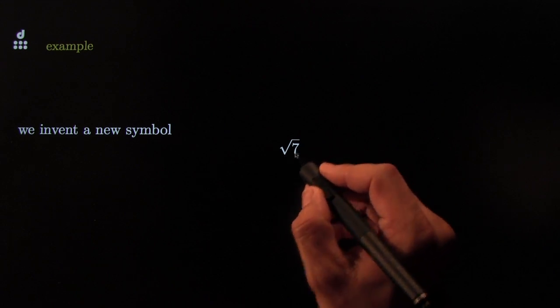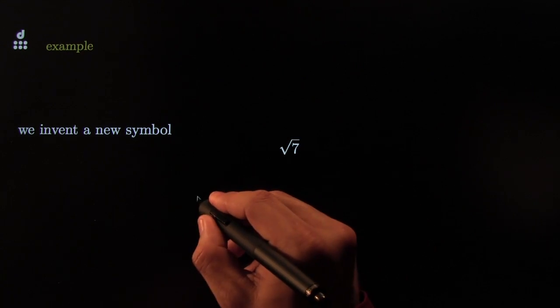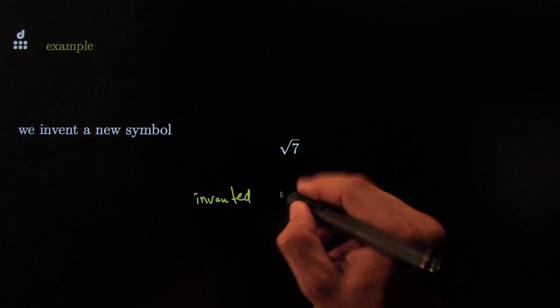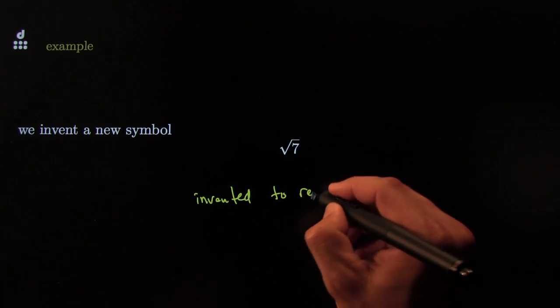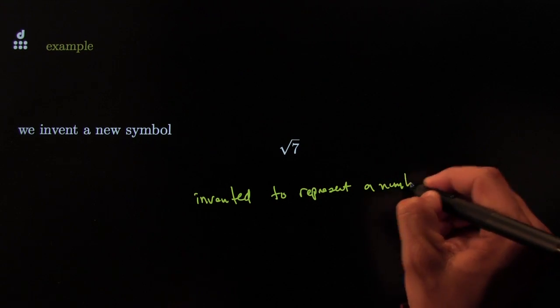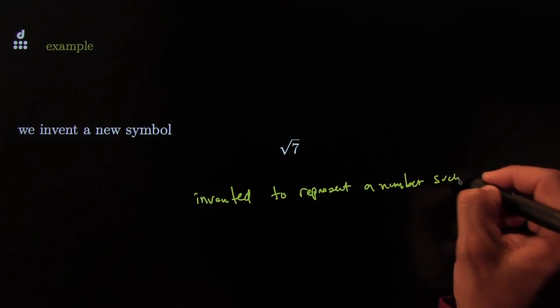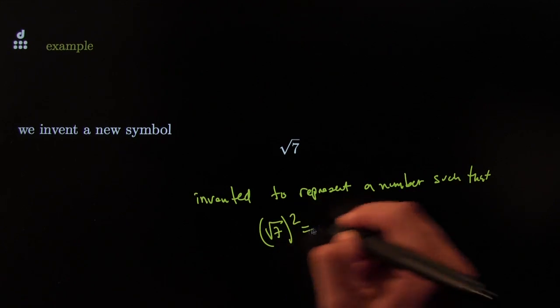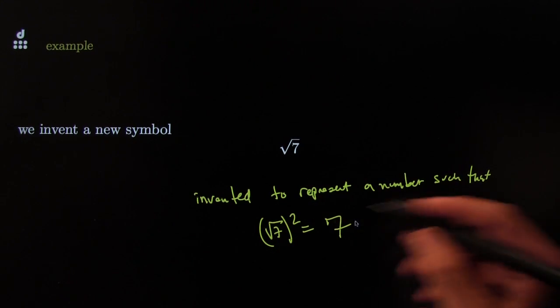The radical 7 was invented to represent a number such that when you take that number and square it, guess what you get? You get exactly 7. That's it.